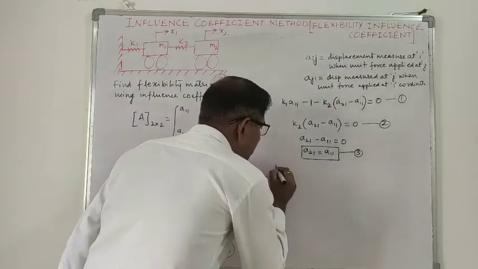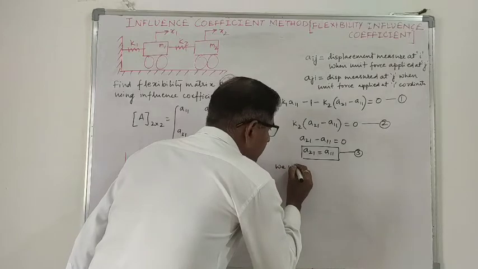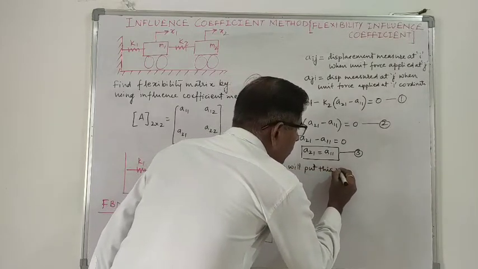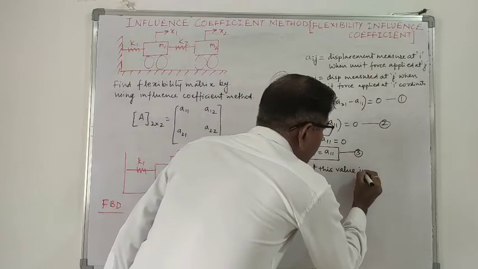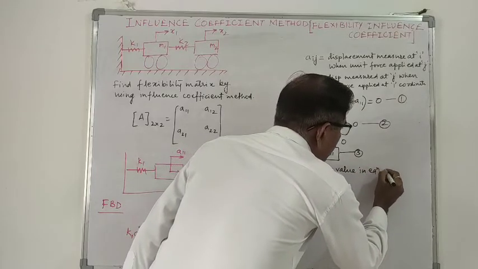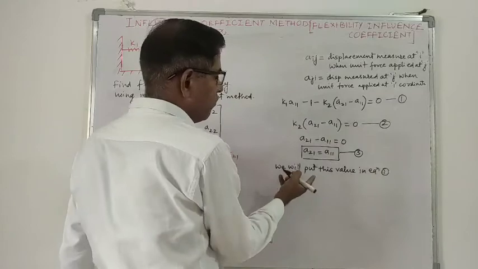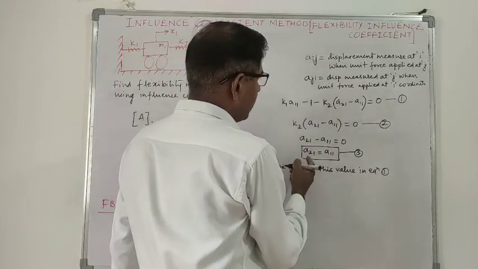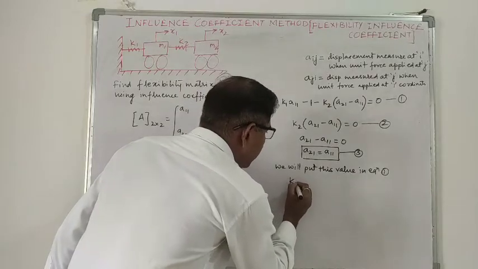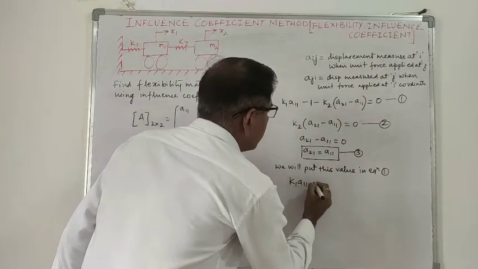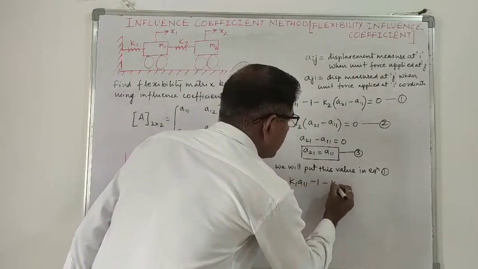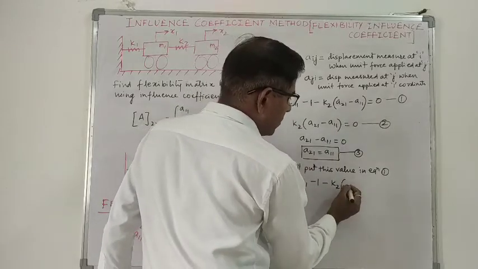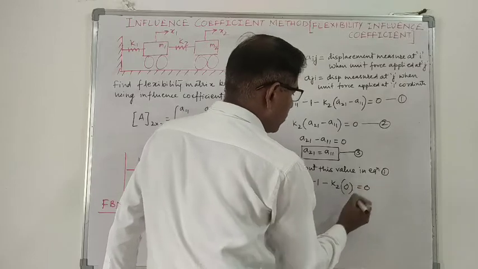So we will put this value in equation 1. So if you put this value in equation 1, then K1 A11 minus 1 minus K2. Now if you put A21 as A11, this becomes 0, so it is equal to 0.